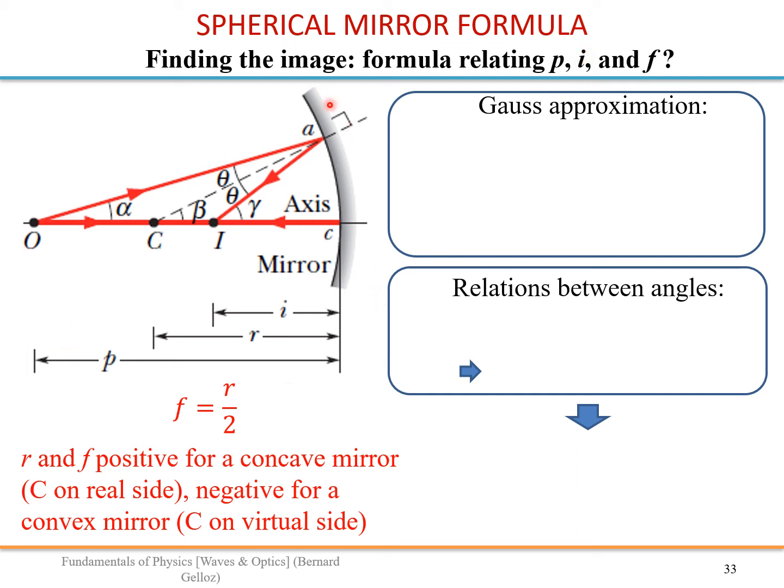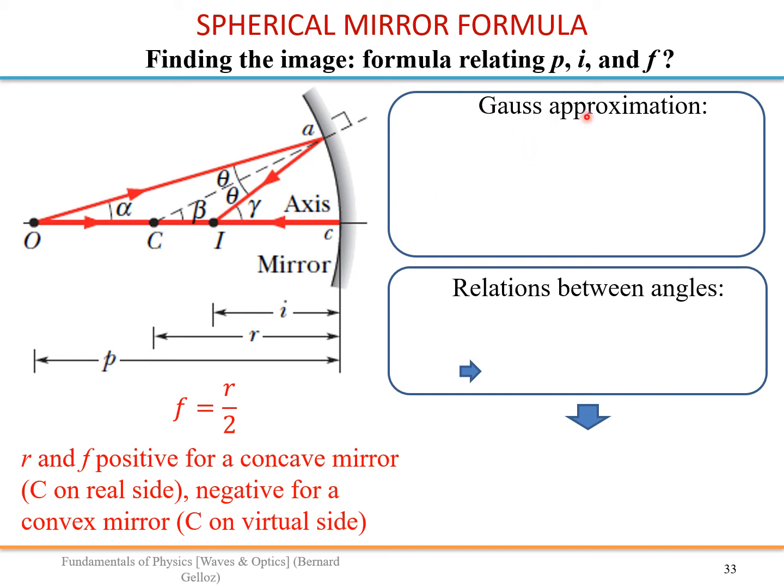Alright, so this is one situation, and p is the distance from O to the mirror here, so it is Oc, small c, and R is the radius of curvature, so Cc, small c, and i is the position of the image with respect to the mirror.